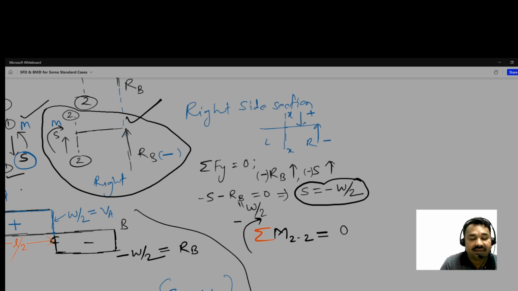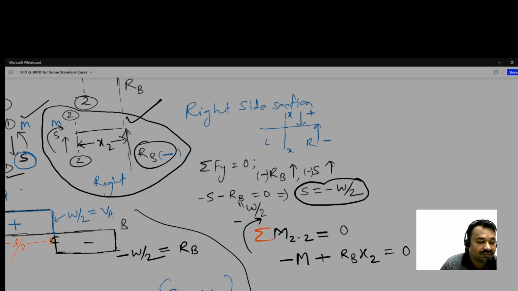So this M is acting clockwise, that's why minus, and this RB is acting anti-clockwise, so that's why plus RB, and the distance is here x2.